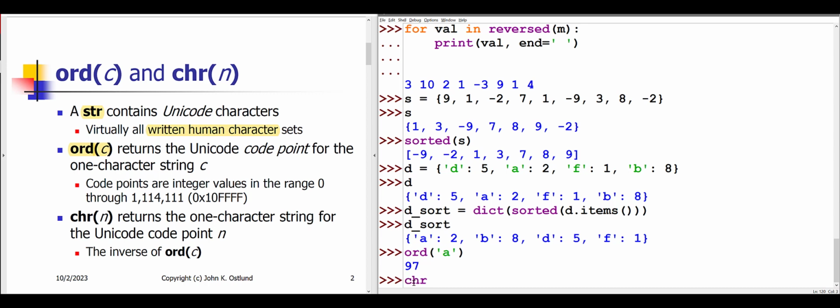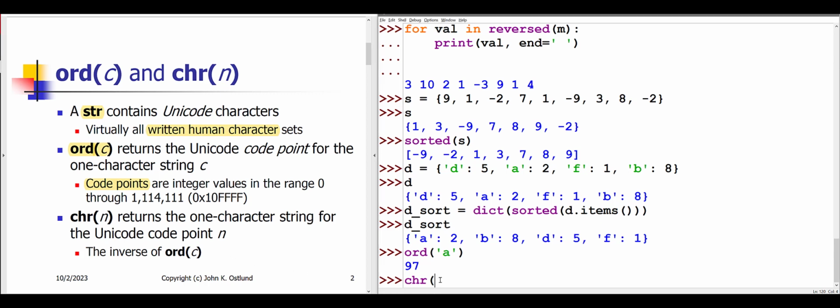If I ask for the character corresponding to some arbitrary number or so-called code point, the code points are the integer values that you can use, and those values range from 0 up to a bit more than 1 million.